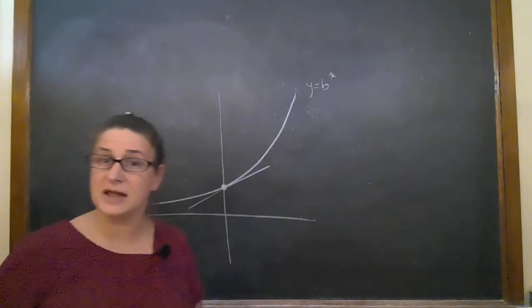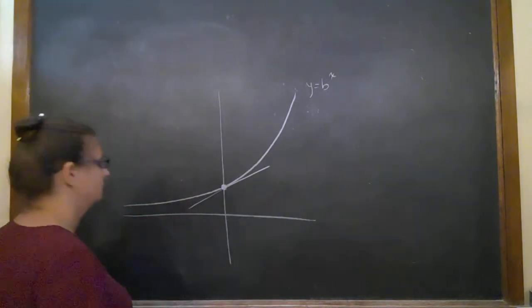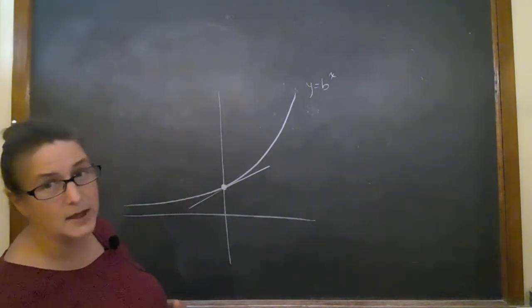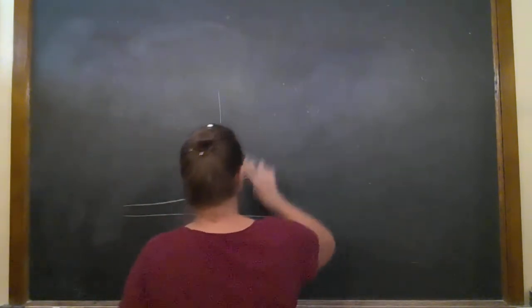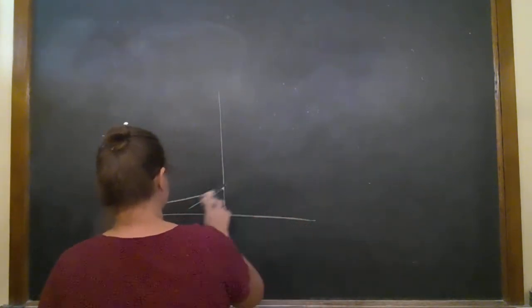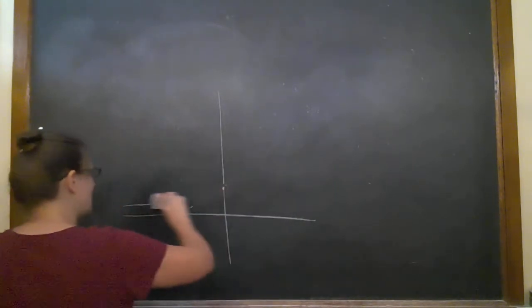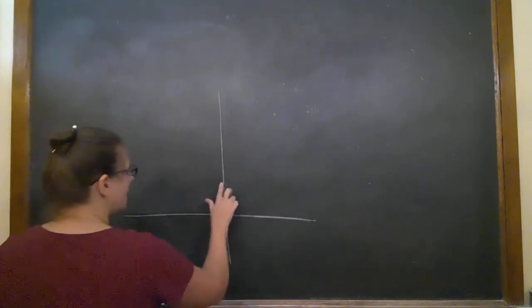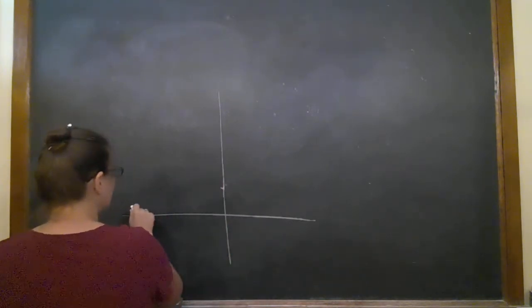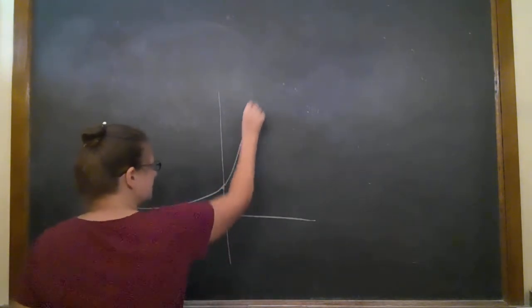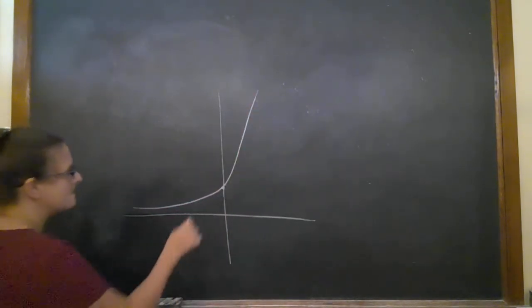Well, it turns out one of the special things about e is that if this isn't b, but I actually say e, I didn't draw it well, because I can tell it's not e. I can tell it's not e because the tangent line had the wrong slope. Okay? So if I do e, it's a little bit more like that.